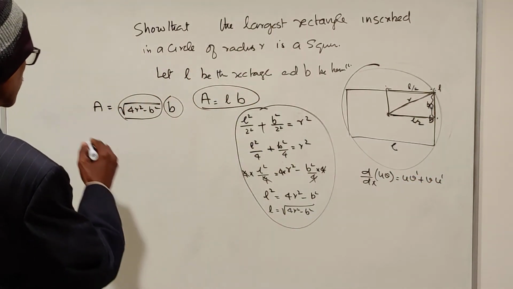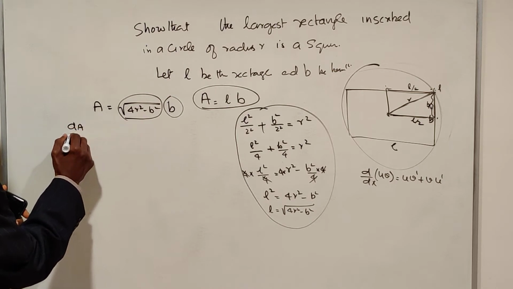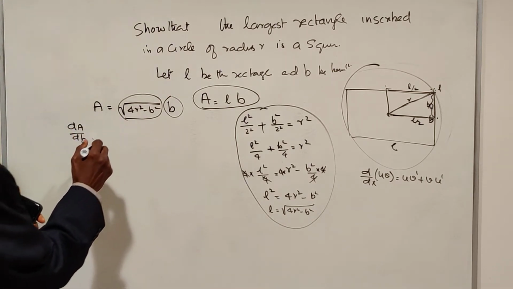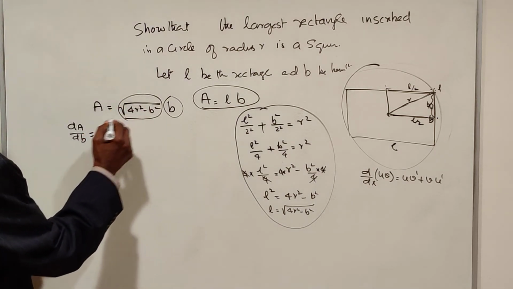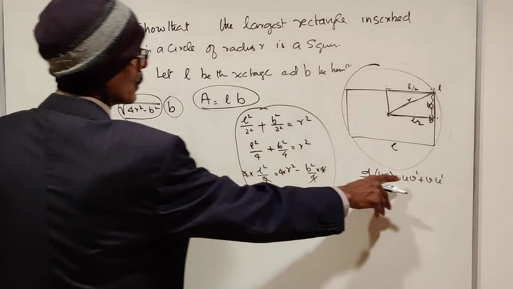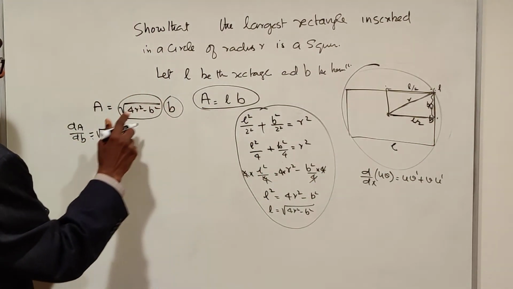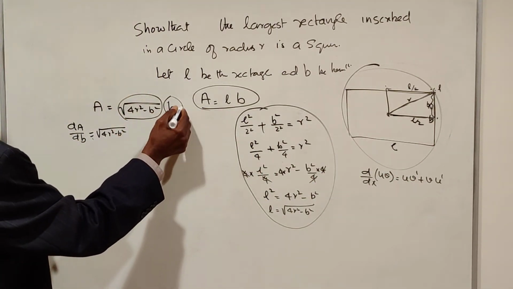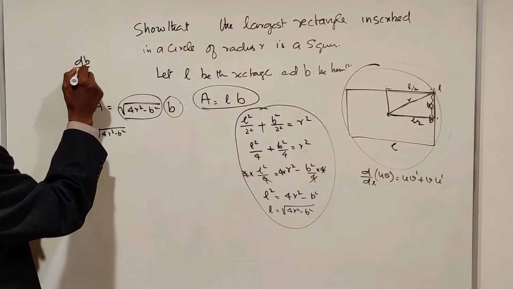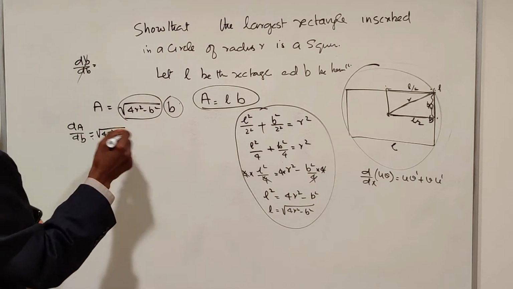Here dA by dB equals the first function u into the derivative of the second function, plus the second function into the derivative of the first. What is the derivative of B? dB by dB is 1.